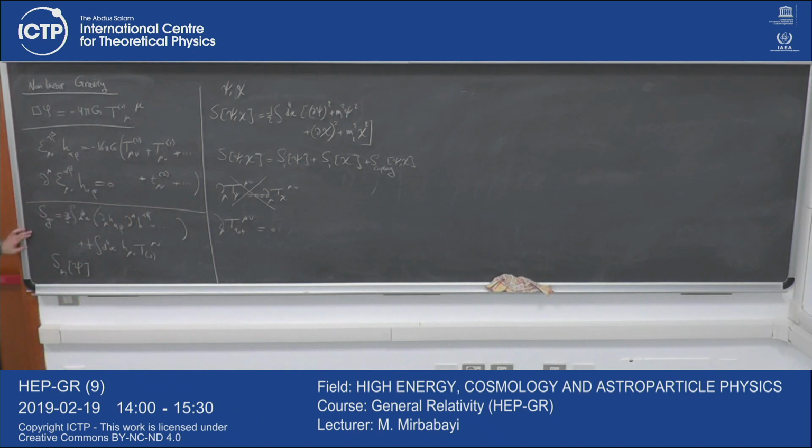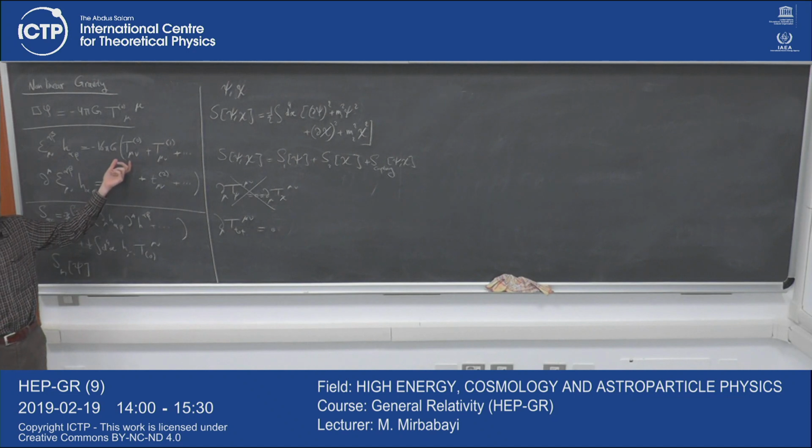Okay, now let's look back here. Here what we called T₀ was the stress energy tensor that we derived from the matter action by ignoring gravitational interactions. So we are considering a similar situation. We have separated the action into various parts and we derive T^μν from one part.